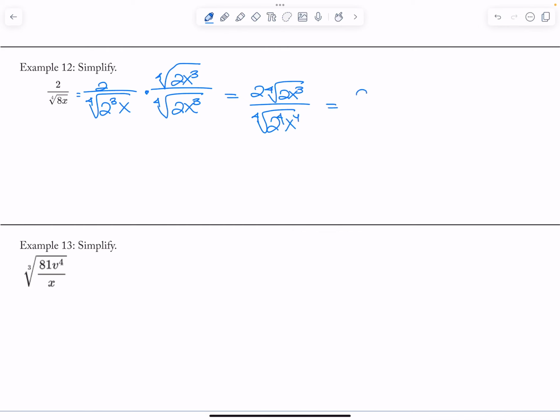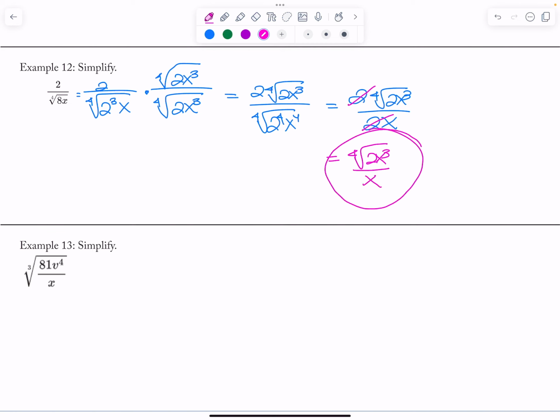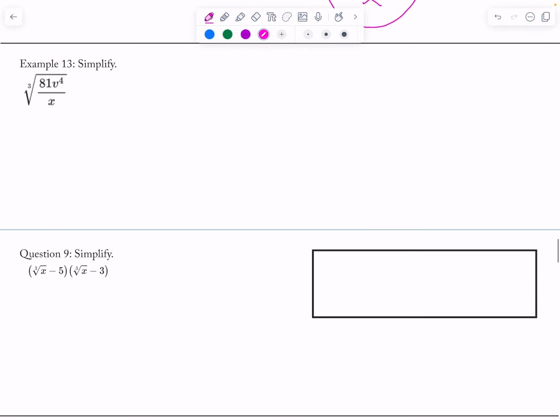So then I have a 2 4th root 2x cubed over a 2x. Now this 2 and this 2 can reduce, so I have the 4th root of 2x cubed all divided by x. All right. Getting trickier.